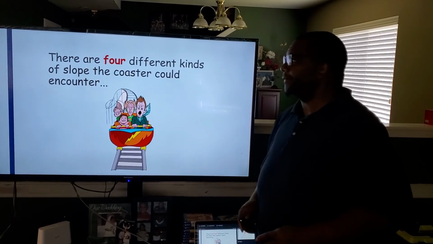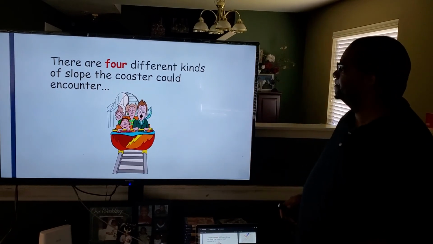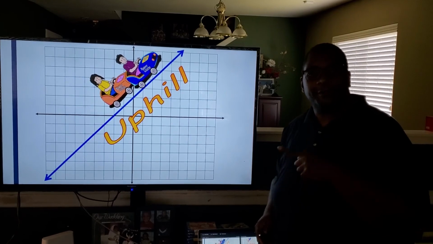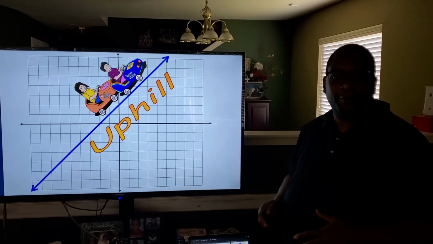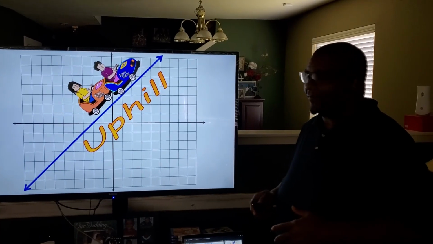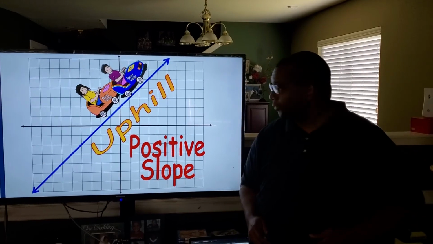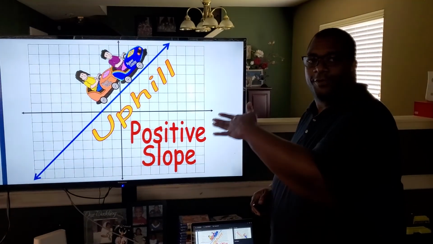There are 4 different kinds of slopes the roller coasters can encounter. There's the uphill roller coaster. That's the anticipatory type roller coaster where you're getting excited first. We call that a positive slope. It is increasing. It is increasing your excitement.